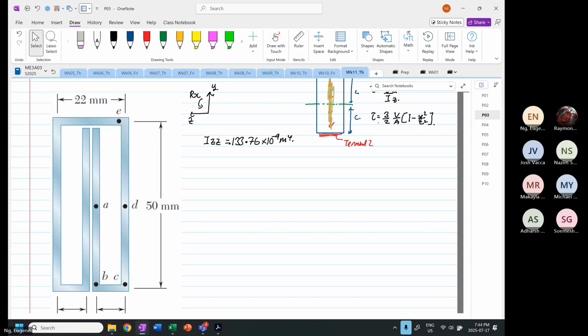Okay. So the next thing we do, we are going to construct our shear flow. Again, we have to identify the major web. Major web controls the flow. So we're taking Vy coming from the top.